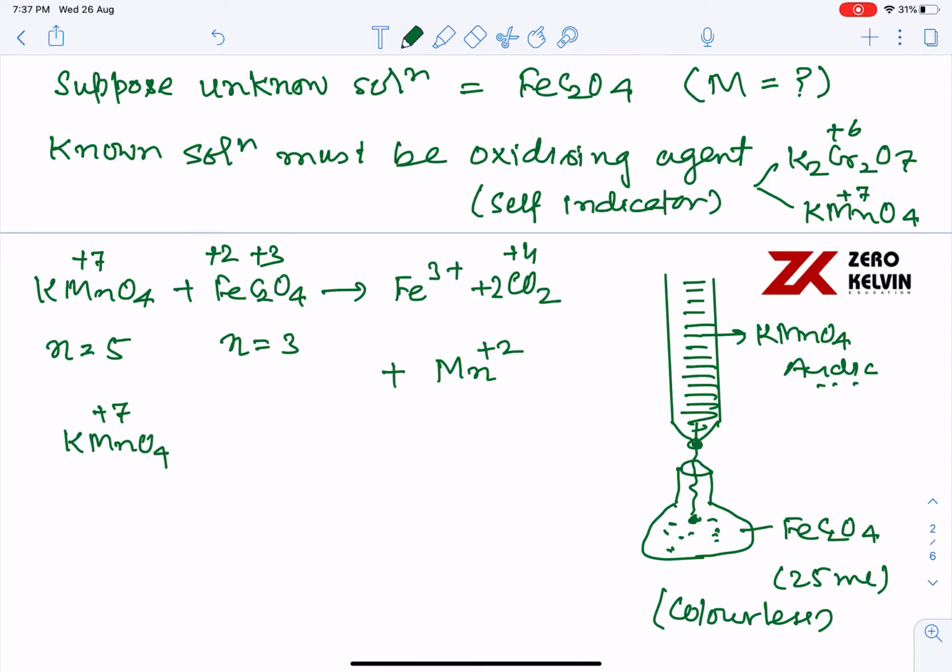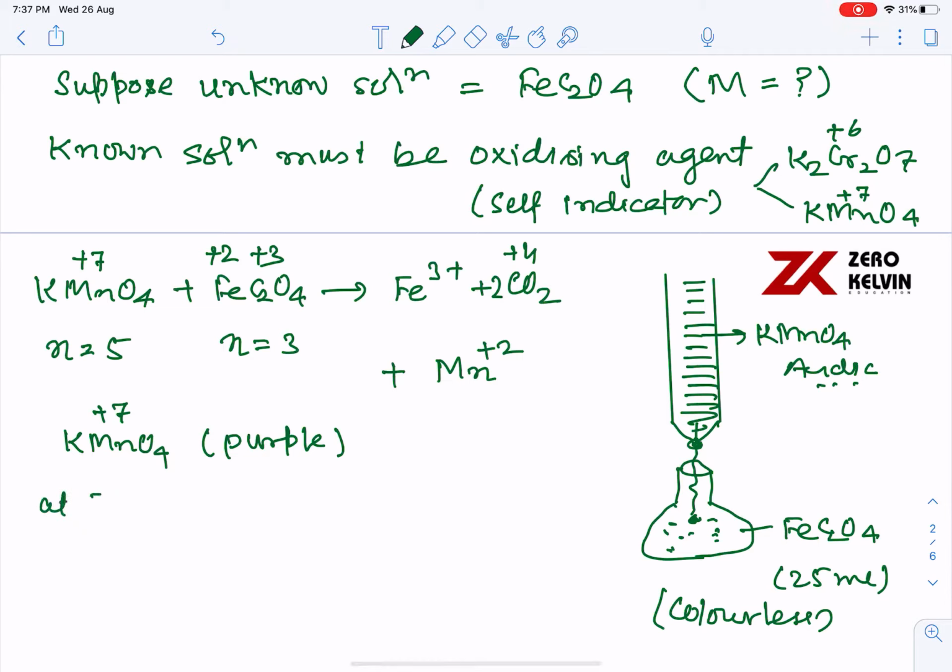It is not going to convert into Mn2+. So this will now be purple in color, or if the solution is very dilute, it may be pink. So after the equivalence point, if we add one drop of KMnO4, we get the color change, and color change means end point.